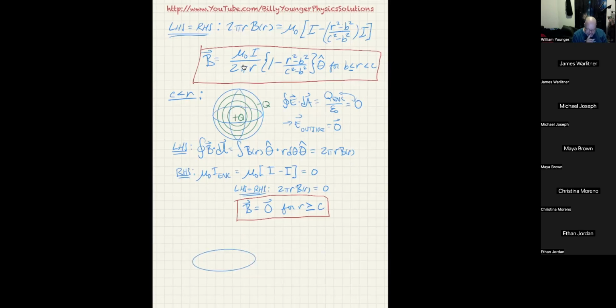Now, what I want you to do is imagine that all of a sudden I teleport a current carrying wire right here, meaning there wasn't one a second ago, but now all of a sudden there is a current carrying wire. And in fact, the current is pointing downward like that.